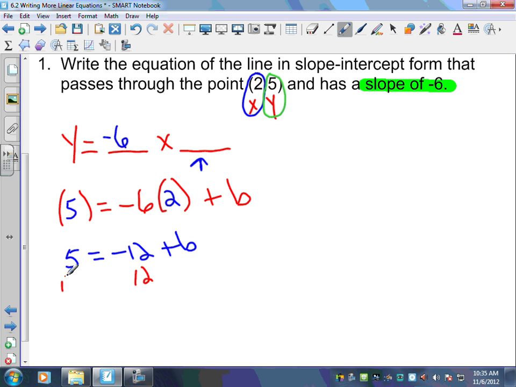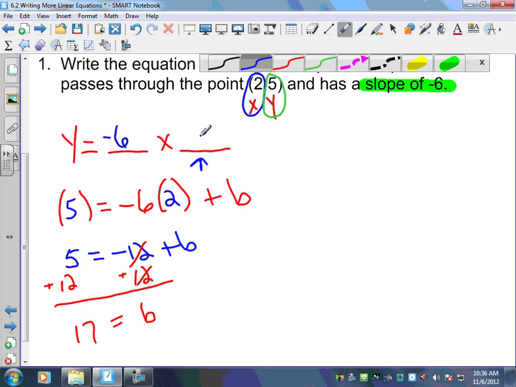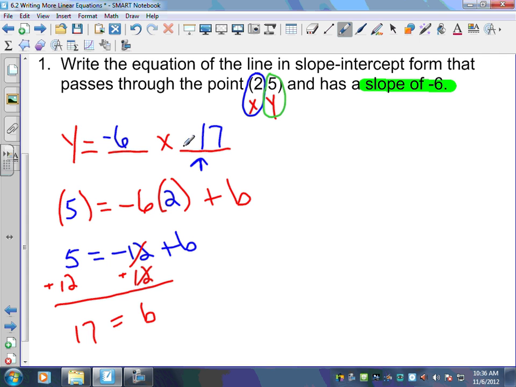I add 12 to both sides. This becomes 0, leaving me b alone on that side. 5 plus 12 is 17. 17 equals b. So what goes right here in this spot where b should go? 17. Now, remember, I have to have a sign between my x and my number. My 17 is positive, so I put a plus sign here.